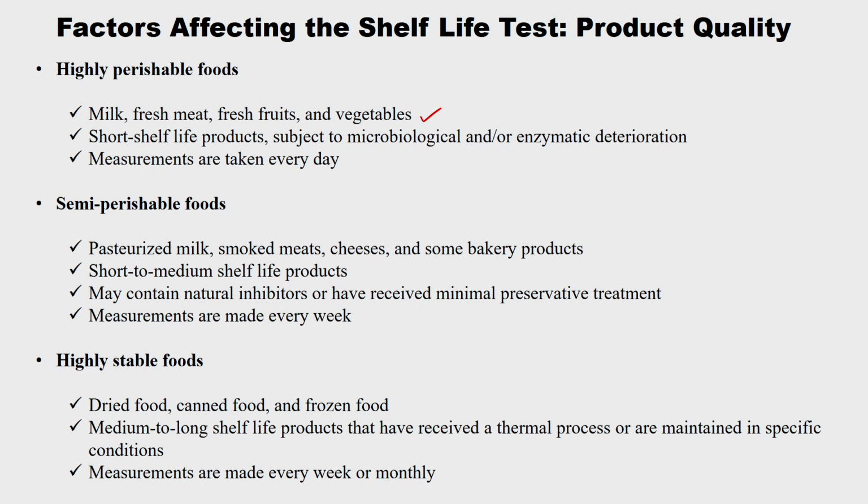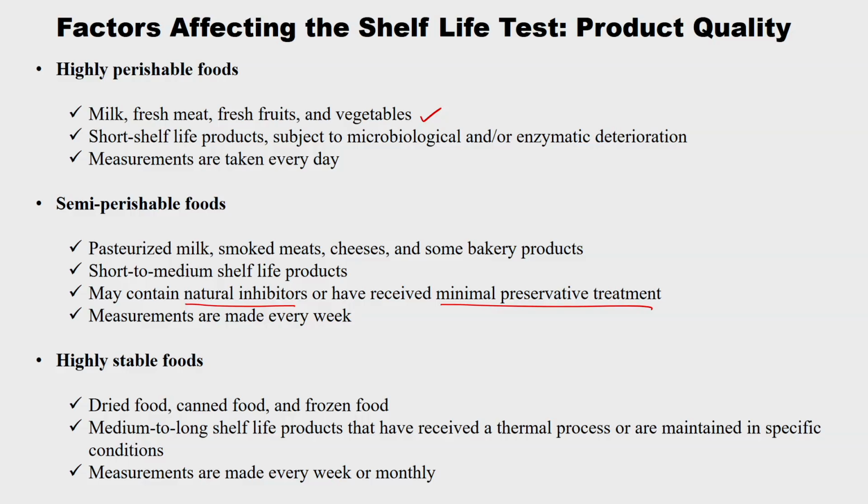So, to increase the shelf life, they may have some natural inhibitors or some preservatives, which can extend the shelf life of the products. The shelf life may be a maximum of 3 weeks, so the measurements have to be taken every week. Since they have natural inhibitors or preservatives, we need not check the quality then and there.